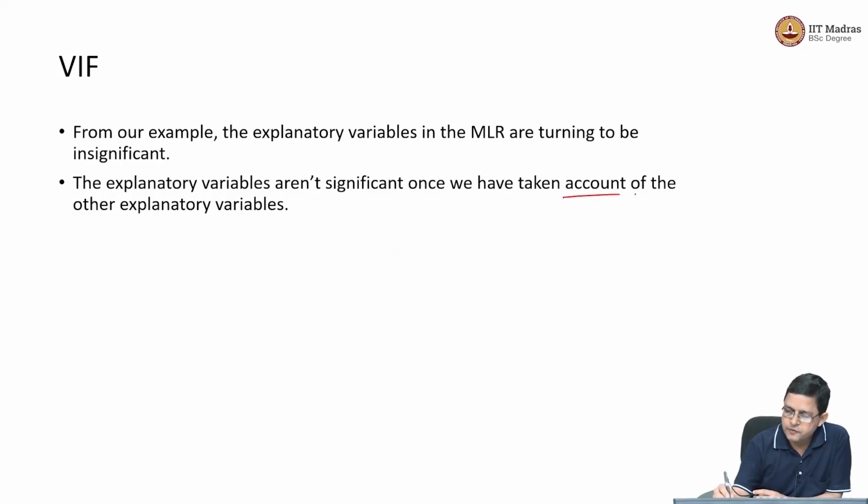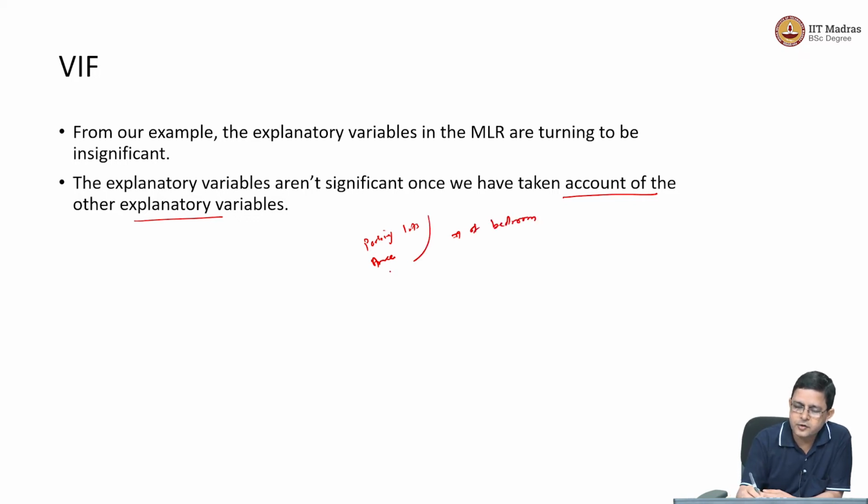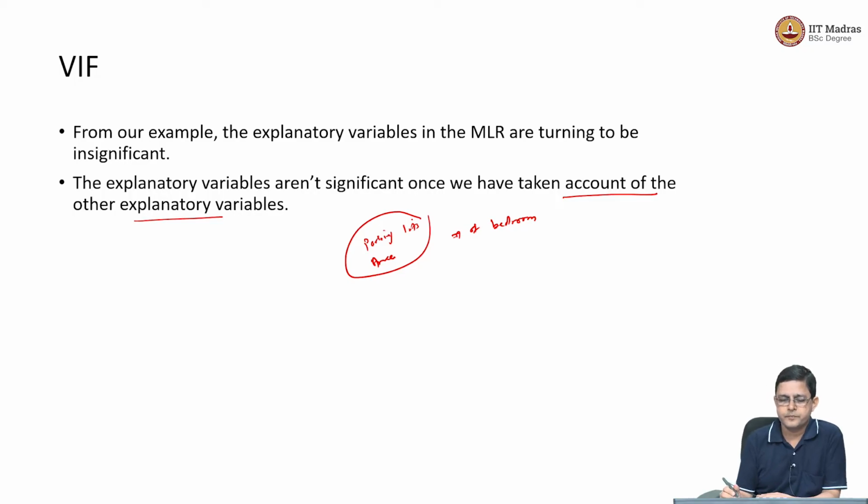However, once you account for parking lots and area, the number of bedrooms does not offer anything unique that has not already been explained by these two variables. Similarly, once you account for area and number of bedrooms, the parking lot does not offer anything unique.